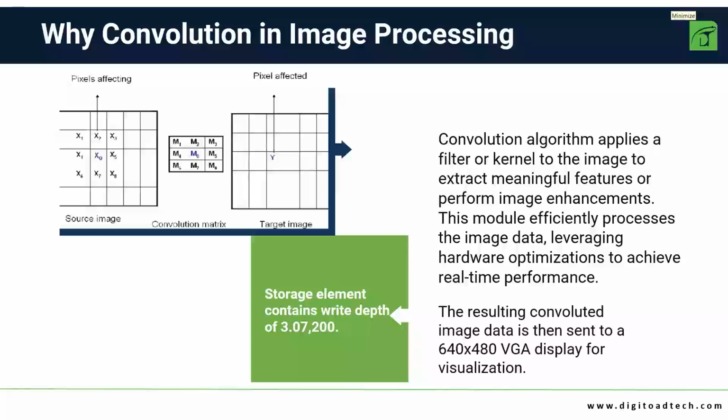Once those pixels are there, we involve a convolution matrix. Based on that convolution matrix, we generate another output. So the convolution algorithm is practically applying a kernel to the image to extract meaningful features and for image enhancement.